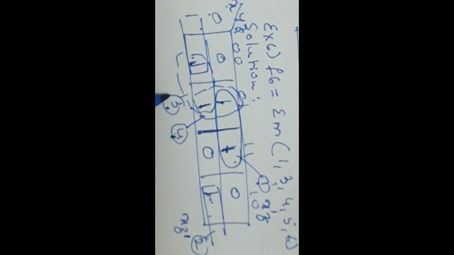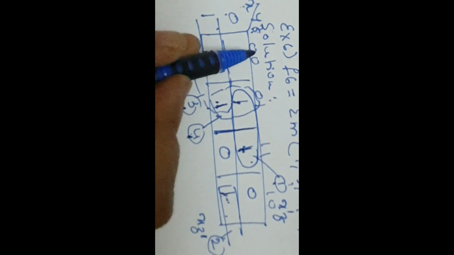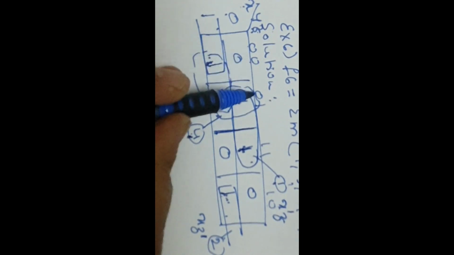With respect to group 3, these two ones fall in this row, so x is common. These two ones are in these two columns, 0, 0, 0, 1, 0, 0 is common with respect to y, so y dash, x y dash.